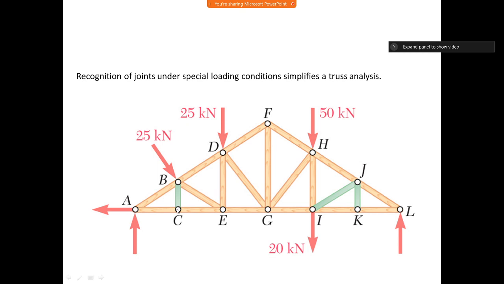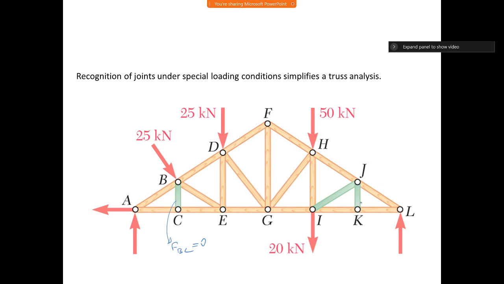If I consider joint C, AC and CE are in a straight line, BC is there, and there should be something here, but it is not there. So there is 0 force acting here, and therefore we can directly say that FBC will be equal to 0. Just by visual inspection, using the techniques we have seen, FBC will be equal to 0.